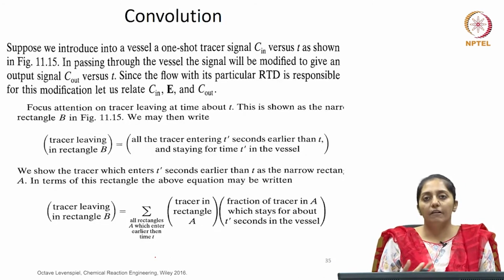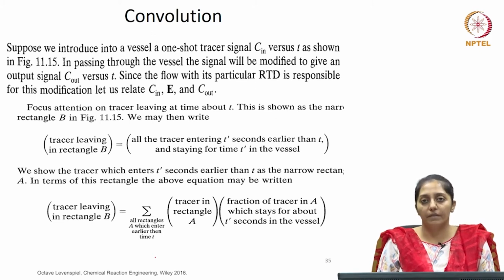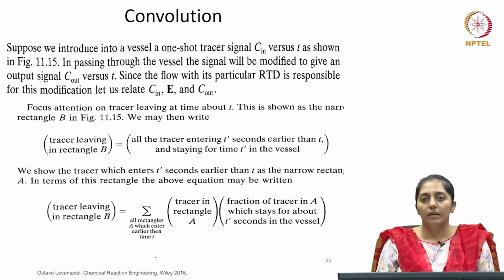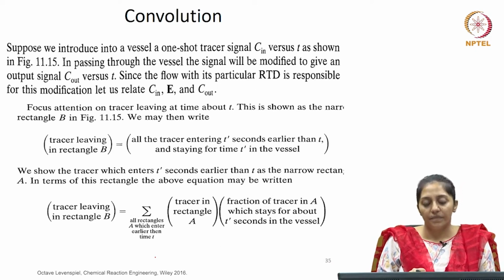Now, whatever we have spoken or derived up till now has been for a non-reactive system. Now, how can we relate the residence time distribution or this non-ideality, how will it impact the reaction or the performance of the reactor? Let's see and characterize that.